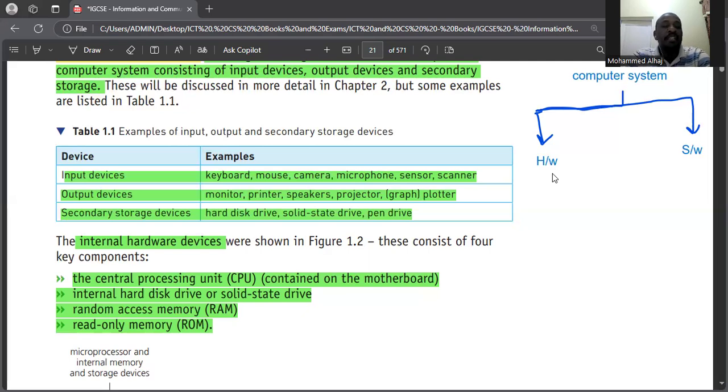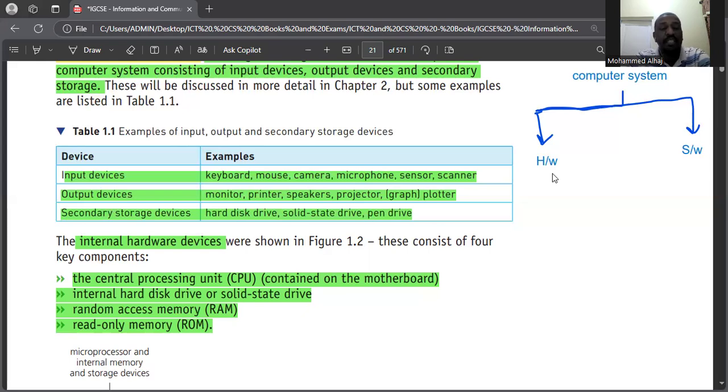The next point is about internal hardware. When we talk about internal hardware, we talk about the hardware which is located inside the computer box. Examples are the CPU, which stands for Central Processing Unit, the internal hard disk and SSD, which is solid state drive, then primary memory, RAM and ROM.